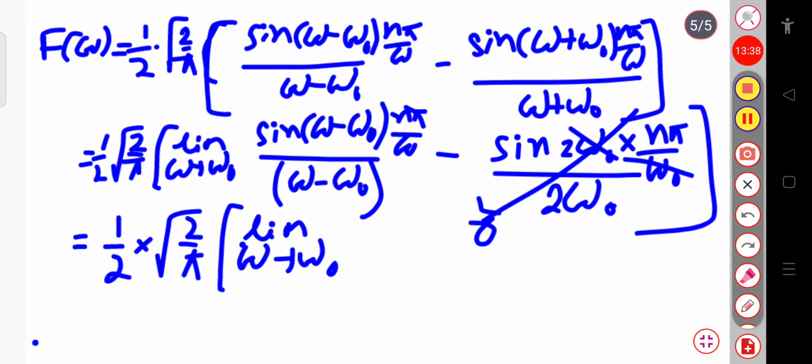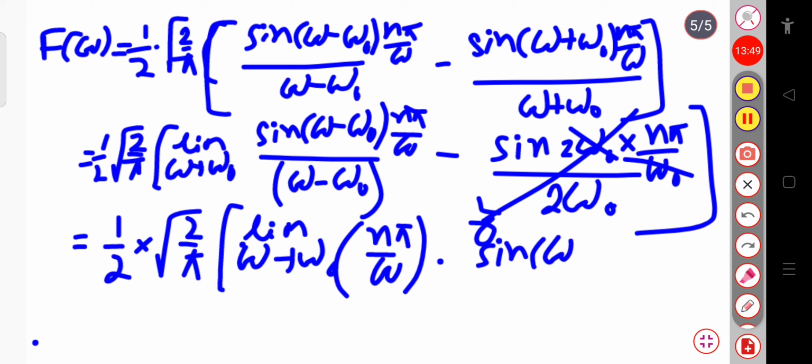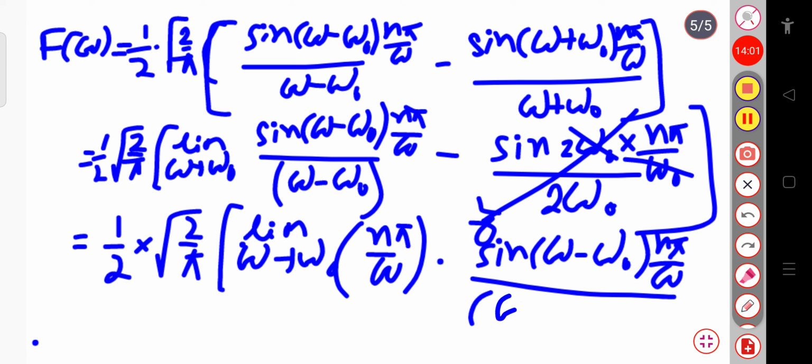If I am multiplying here n pi by omega into sin of (omega minus omega naught) into n pi by omega, and the whole divided by (omega minus omega naught) into n pi by omega.